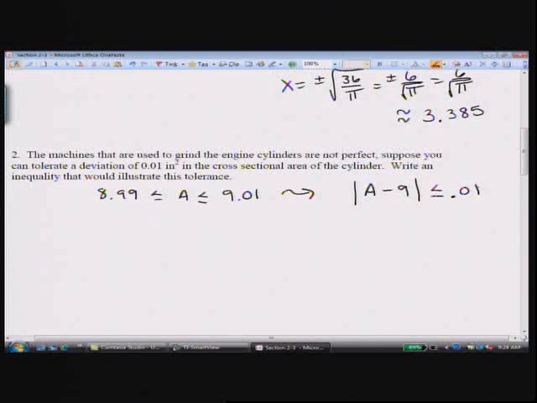Does that notation make sense? I'm sandwiching the difference between the actual area and the desired area to be within 0.01. Okay? So this error right here, we're going to call our epsilon tolerance.